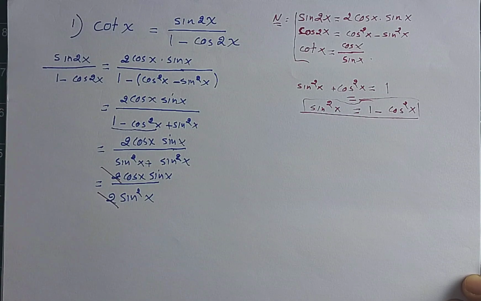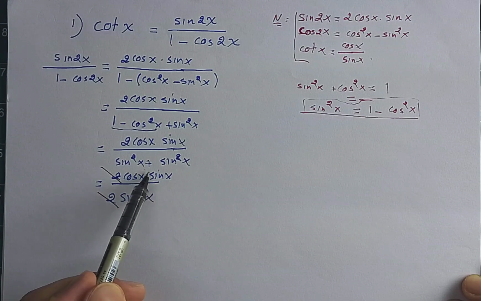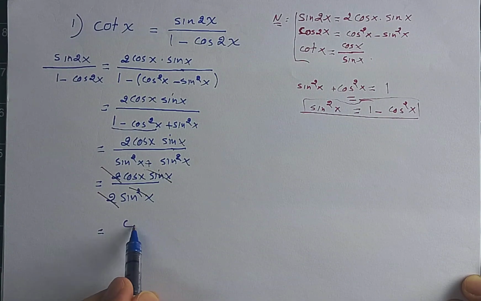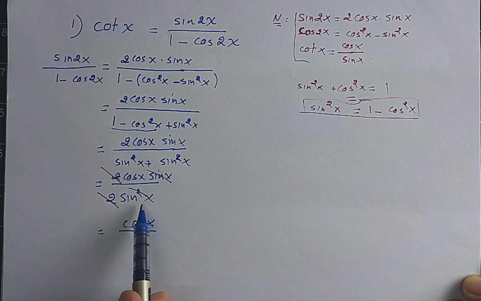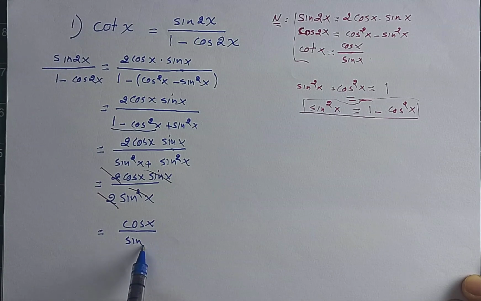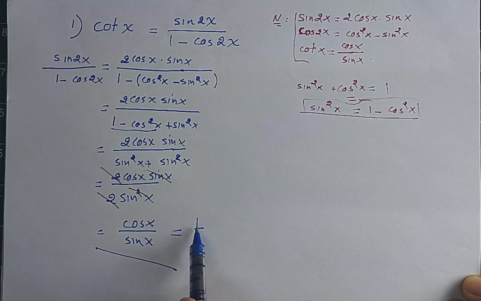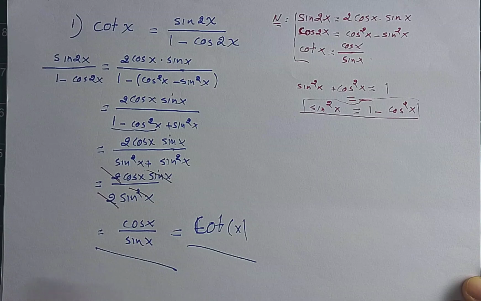Also I simplify the sine and the 2 sine with the power 2. It will be cosine x out of, we have only one sine x. That's it. It equals cot x. That's what we needed to prove in the first one.